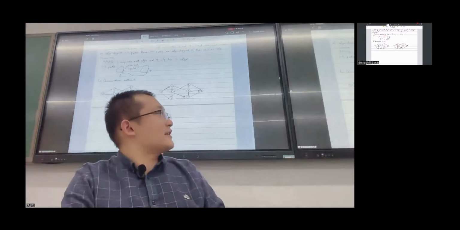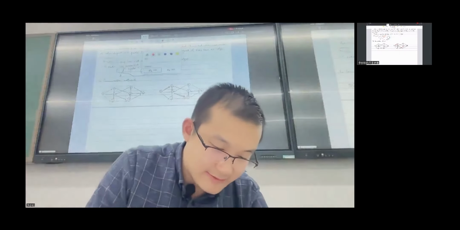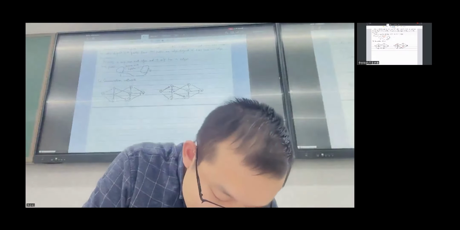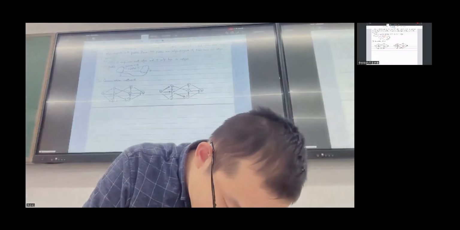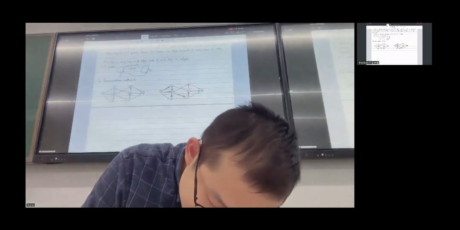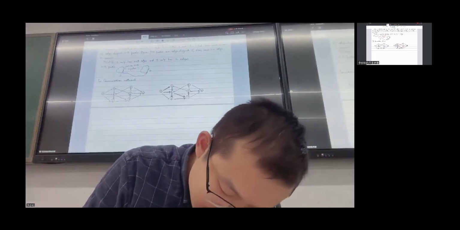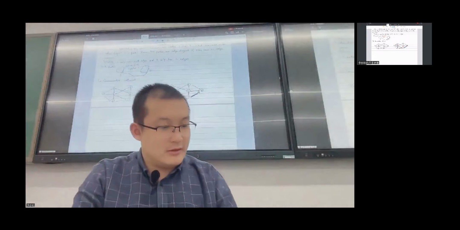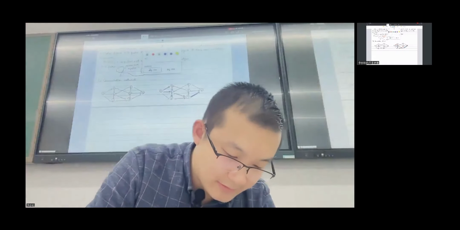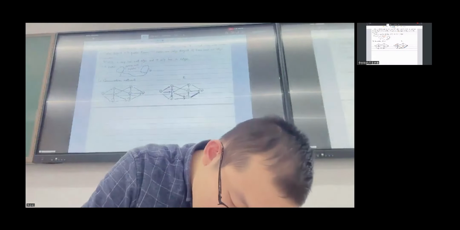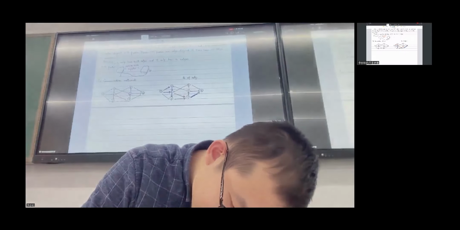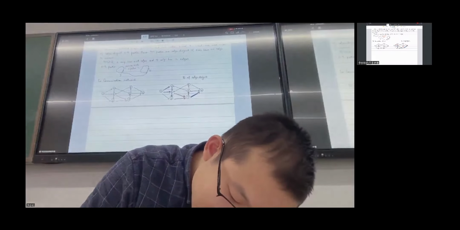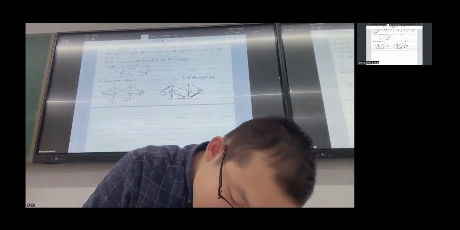So this is one of the edge disjoint paths. And we can use another color to represent another edge disjoint path. So we use the blue here, the blue here, the blue here, and the blue here. So basically for this problem, the number of edge disjoint paths is 2.